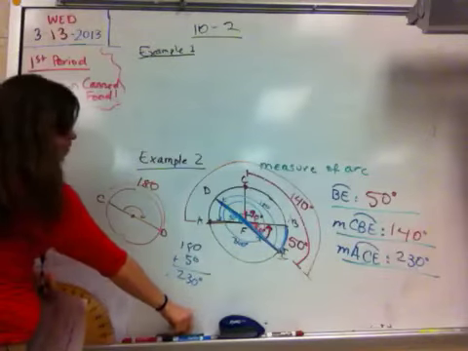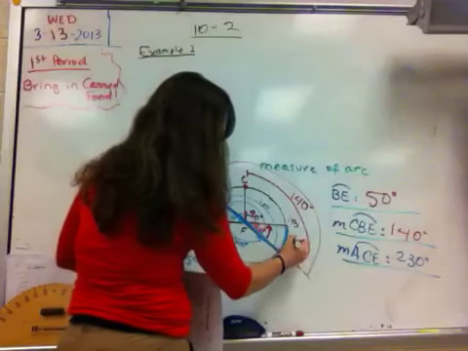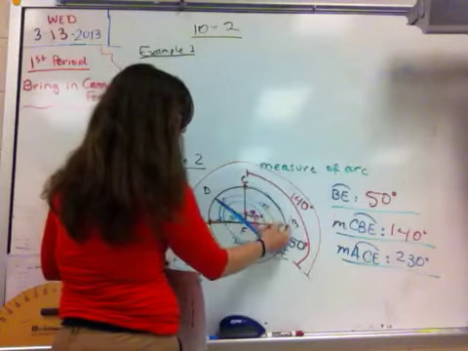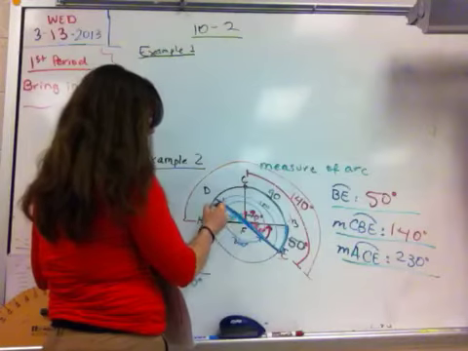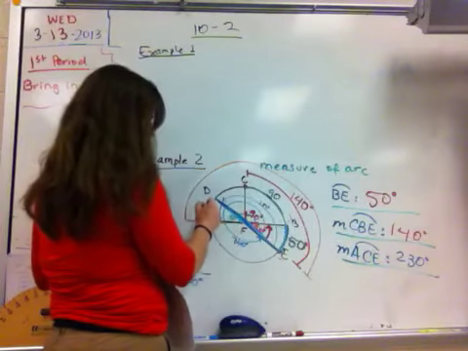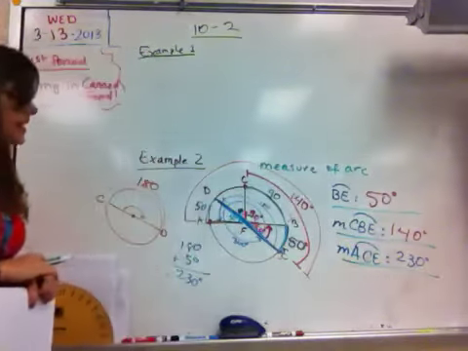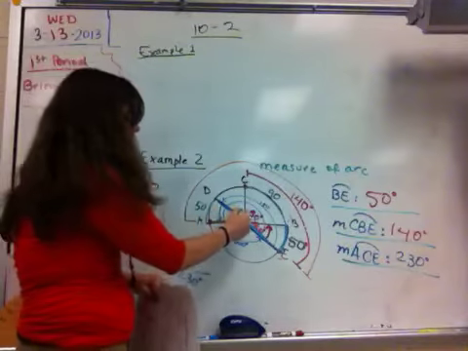Okay. Let's just talk briefly. What's another way that we could do this? Take a look here. You know that this little piece here, BE, is 50. CB is real easy to get because it told you it is 90 here. DA we know is 50 here. Could you fill in the missing piece right there, the measure of CD? Well, what do you know about this side over here?